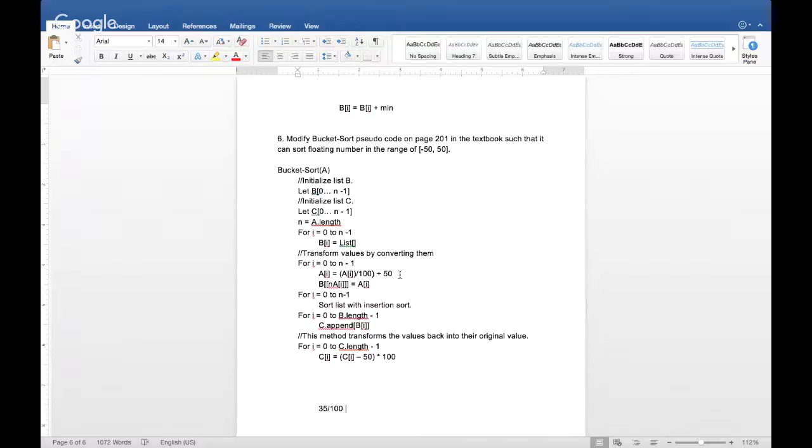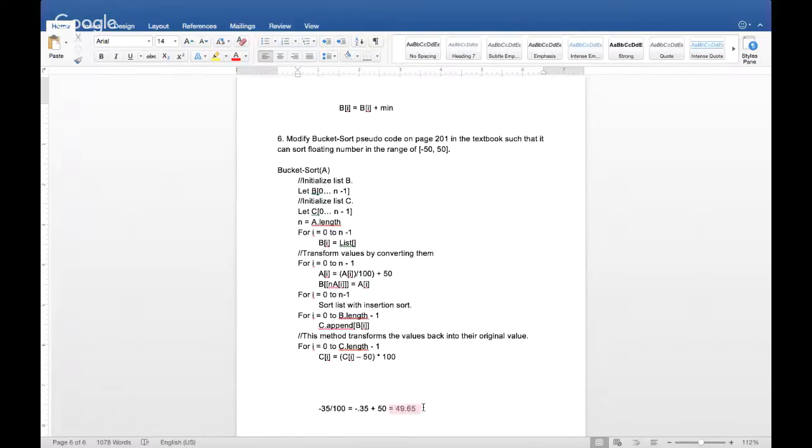So -35 divided by 100, and then what we do is we add 50, which gives us 49.65. Which is a positive number, easy to work with, and so forth.